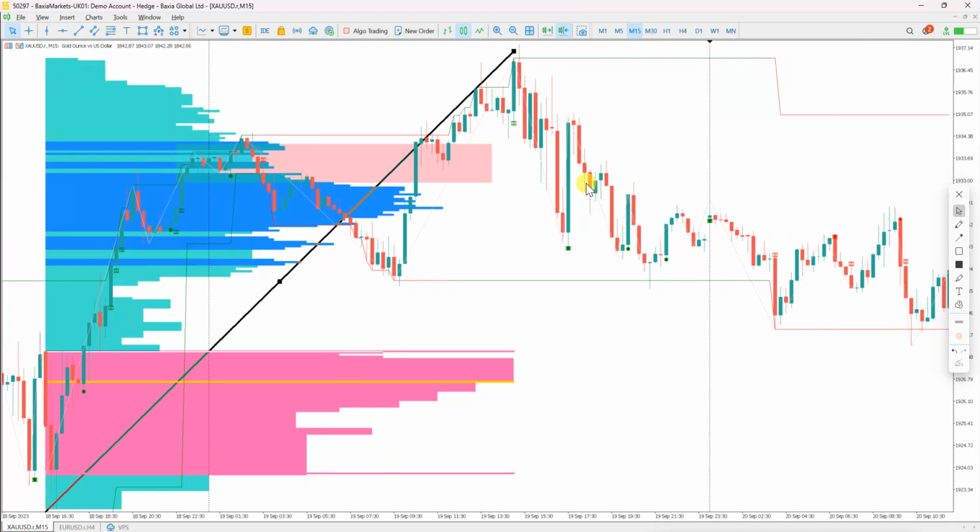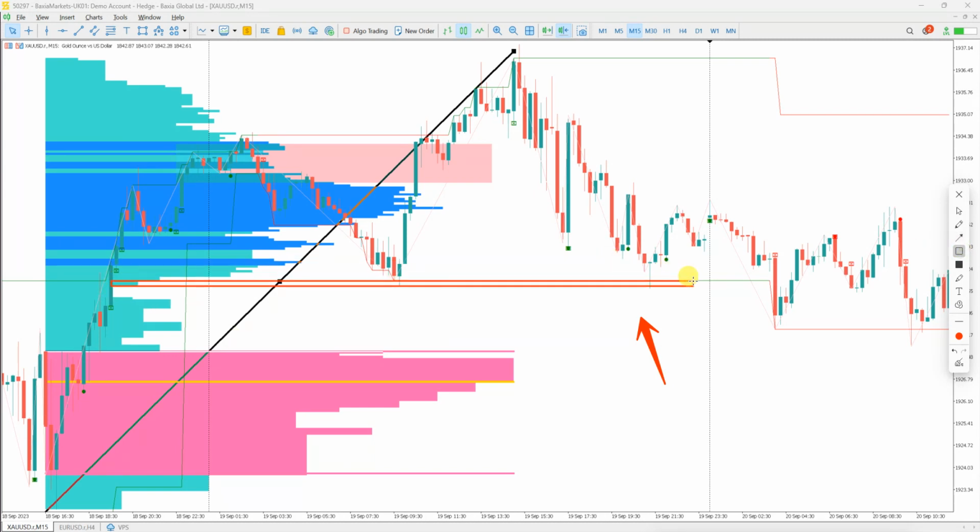Okay, now we have a complete trend maybe, and here the price went below, it did a liquidity grab over here, right? Again, a liquidity grab over here. Let's draw a square.